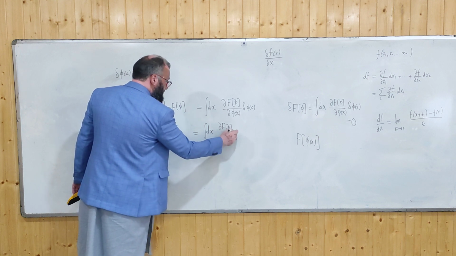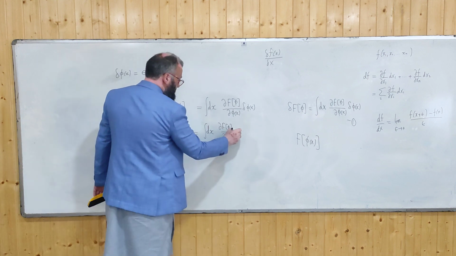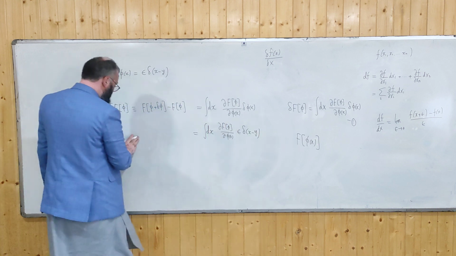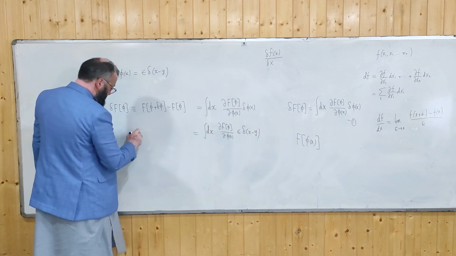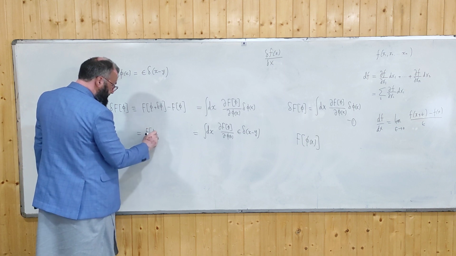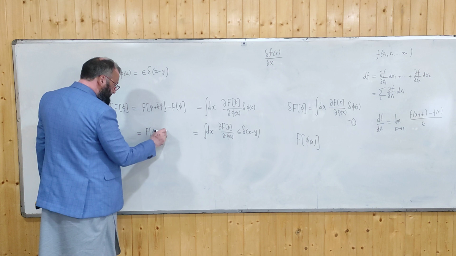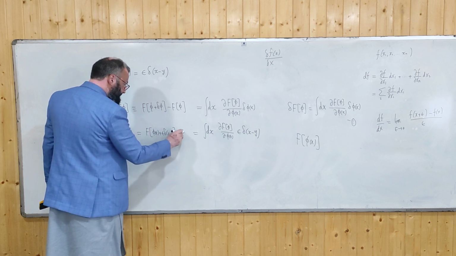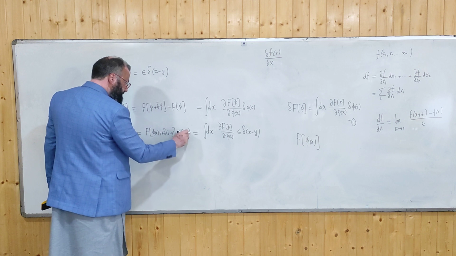What is the delta phi of x equal to? It's epsilon delta of x minus y. So that's equal to f of phi of x plus epsilon delta of x minus y minus f of phi of x.